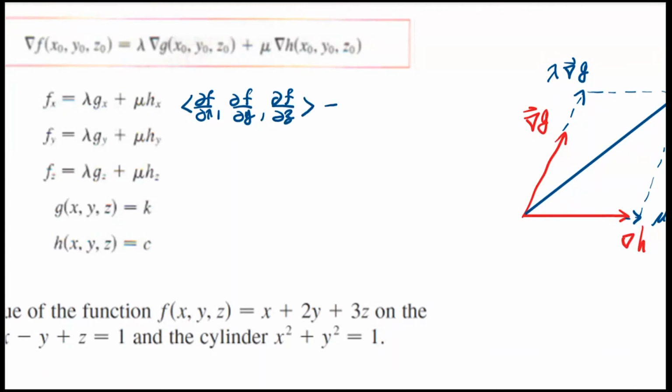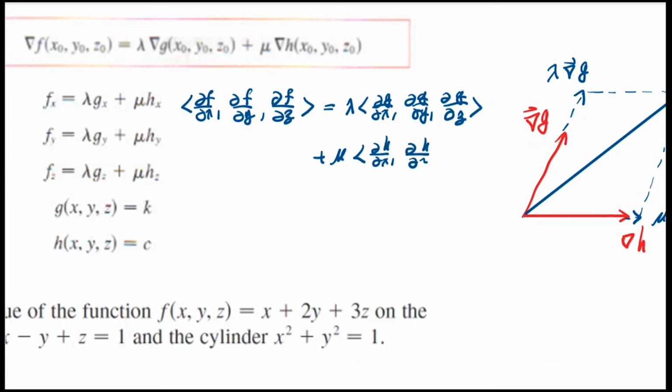And that is the same as lambda times partial G partial X, partial G partial Y, and partial G partial Z, plus mu times partial H partial X, partial H partial Y, and partial H partial Z. Once you write it like that, then we can see this F component is equal to lambda of this plus mu of this.